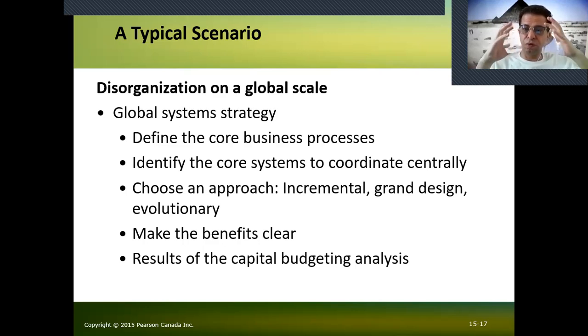So we want to first define our core business and then coordinate it centrally. Then choose an approach, whether we want to do incremental, grand design, or evolutionary. Preferably incremental helps so much and makes the benefit clear for the end users and the sub-companies, as a result of capital budgeting analysis and feasibility study.